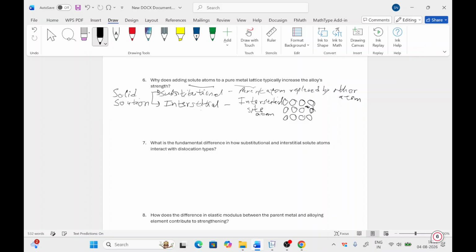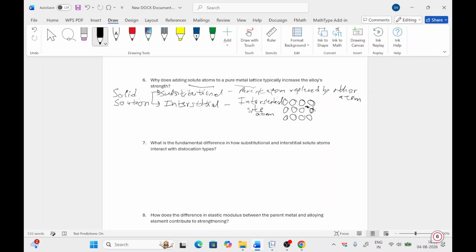These interstitial atoms are generally very small in radius. Because of the large difference in radius, they sit in the interstitial sites.